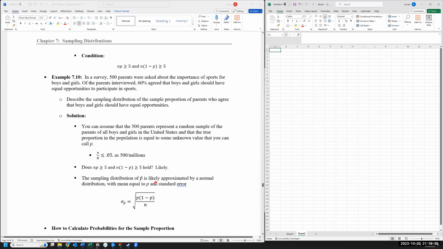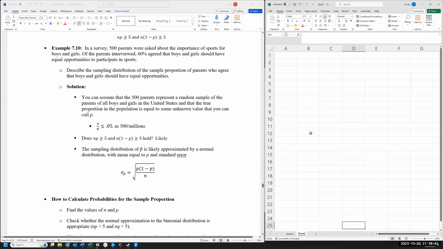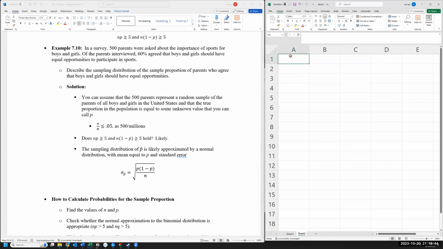All right, so let's do example 7.10. In a survey, 500 parents were asked, so n is probably 500. Sample size is 500. They were asked about the importance of sports for boys and girls.